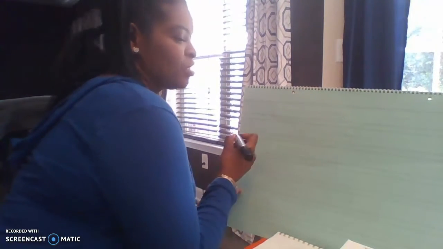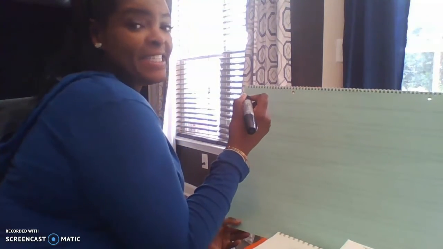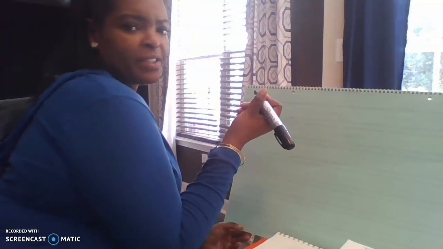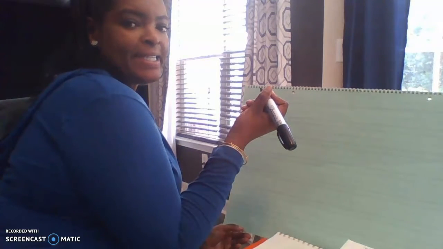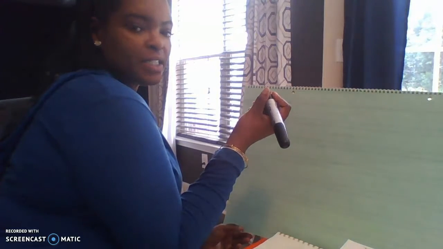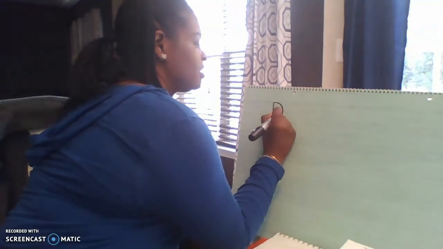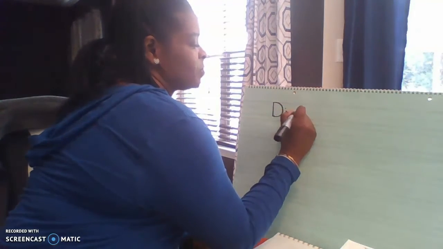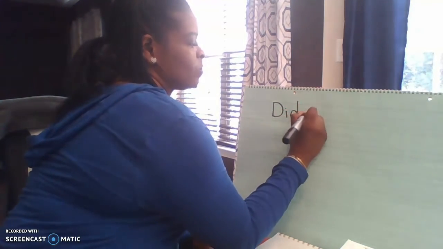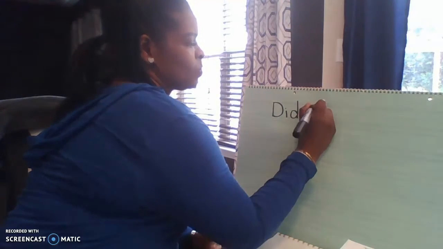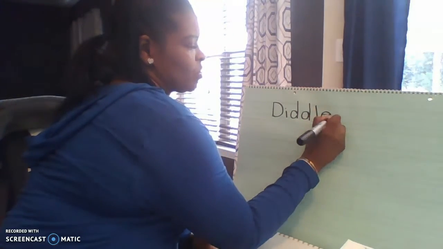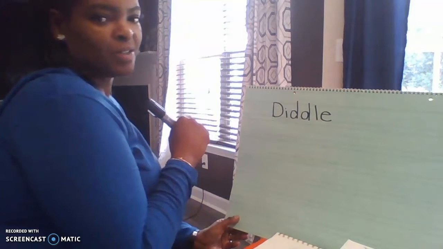I'm going to write the word diddle and dumpling, okay? So the first word I'm going to write is diddle. So what do I need? What letter? Diddle. D. Let's read it. Diddle. Okay.